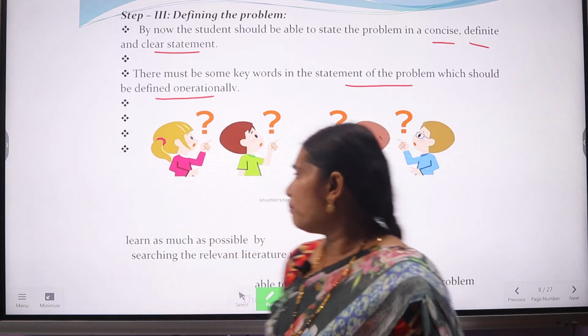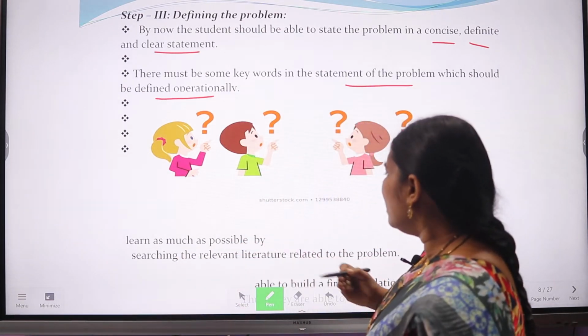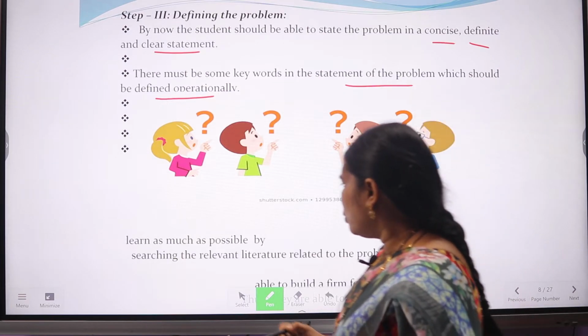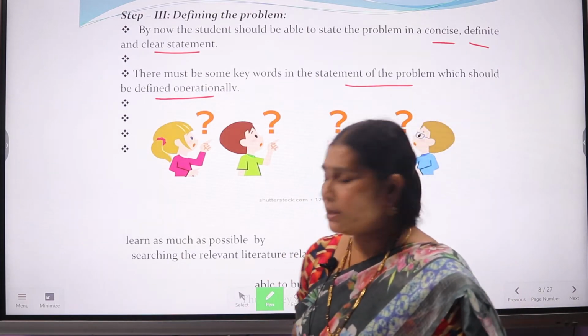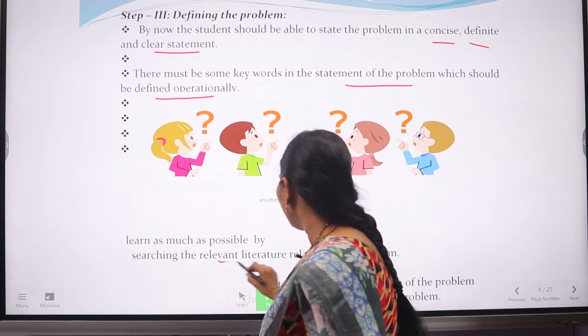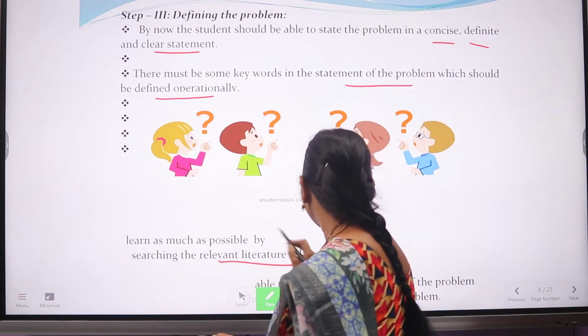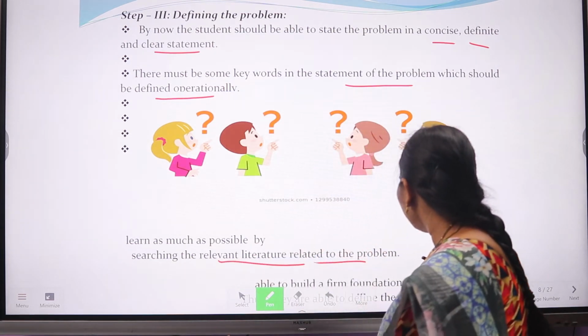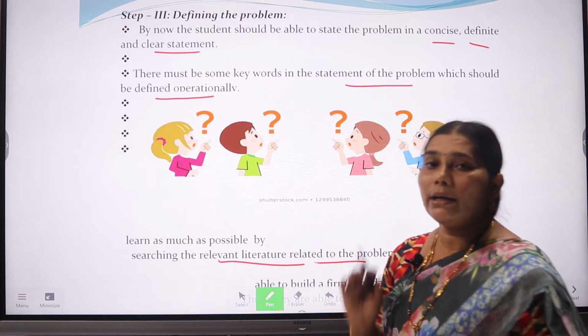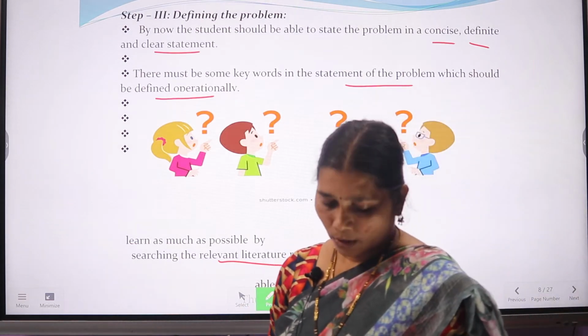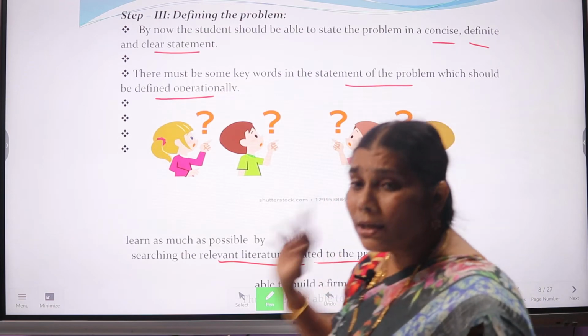This is very, very important. Then the learner will try to get a clear picture by searching the relevant literature related to the problem, so that a firm foundation is laid for the problem. So this is the third step.